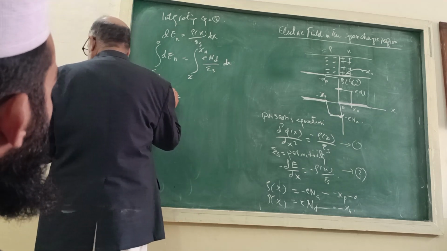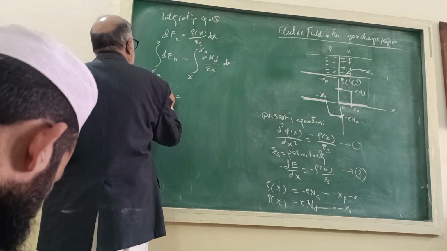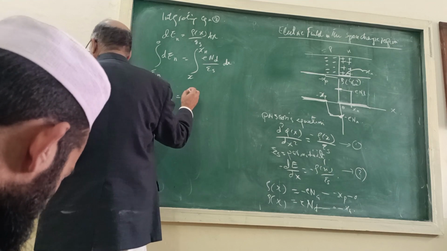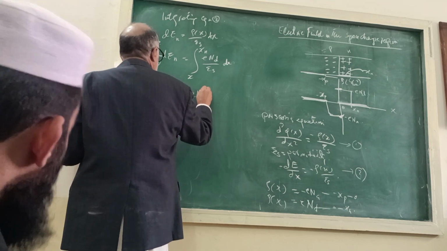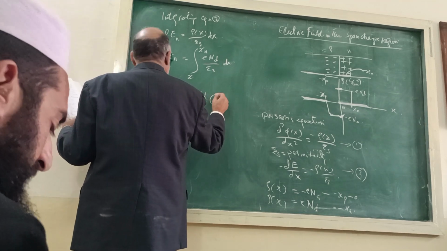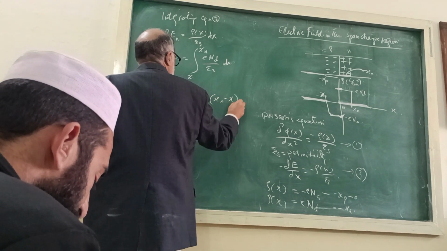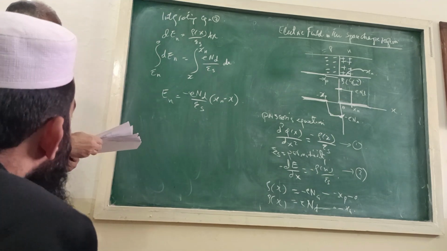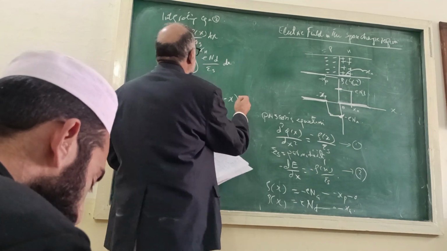So here I'll say a minus sign, and En equals minus e Nd divided by Es times xn minus x. That is equation number 3.